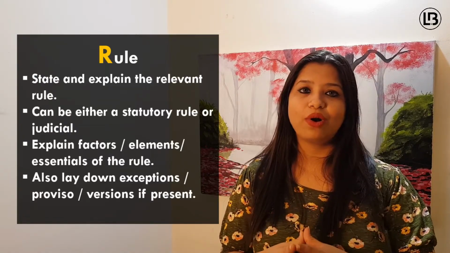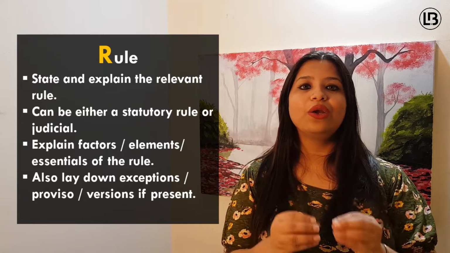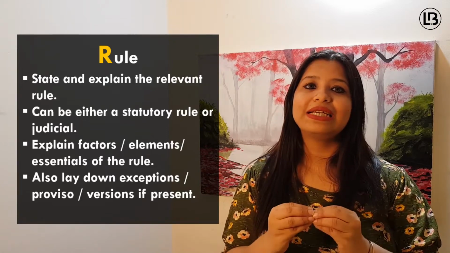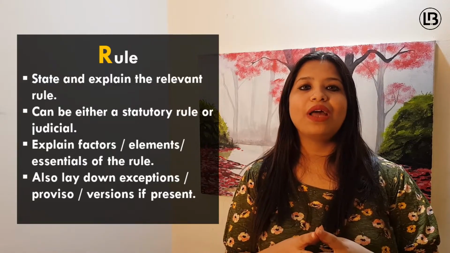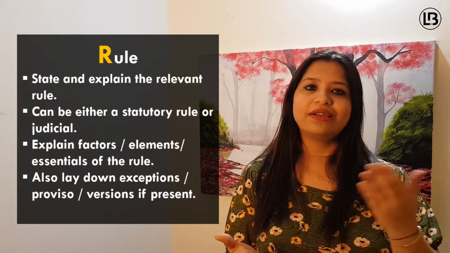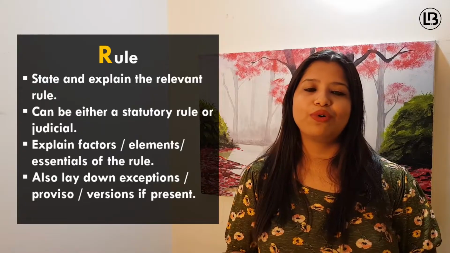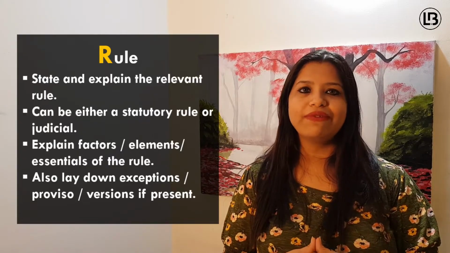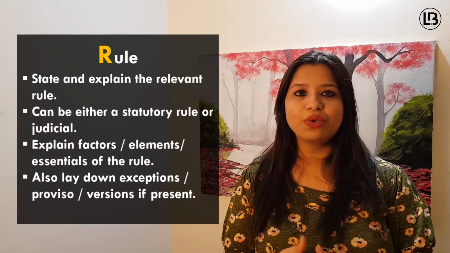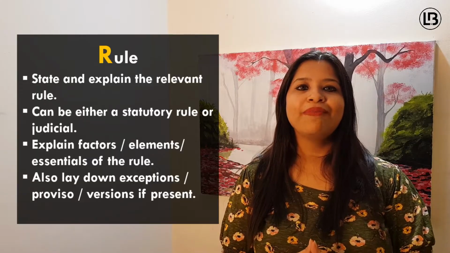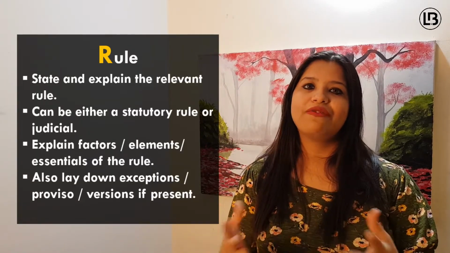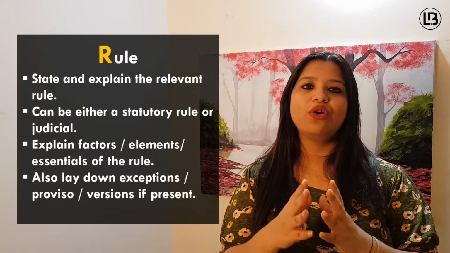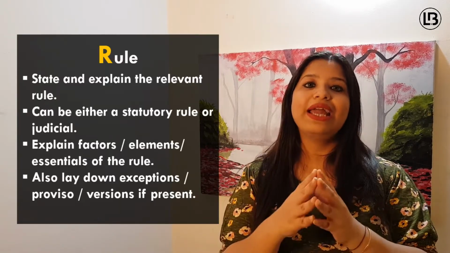So rule becomes important. Be sure to include each and every possible detail that you may have about the rule. For example, if the rule has two approaches, let's say a traditional approach vis-a-vis a modern approach, do mention that in brief. If there are exceptions to the rule, please mention those as well. If the rule contains, let's say, components, essentials or factors, be sure that you mention each of those factors individually.